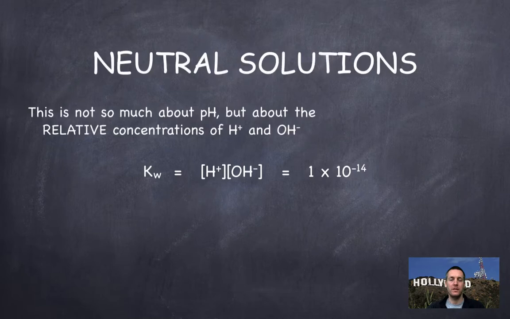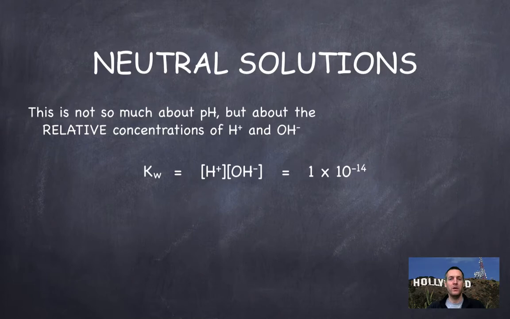Now, what are we talking about when we talk about neutral solutions? In the past, we've talked about neutral solutions as having a pH of 7, or rather, in your previous experience of acids and bases, you might have seen them as that.